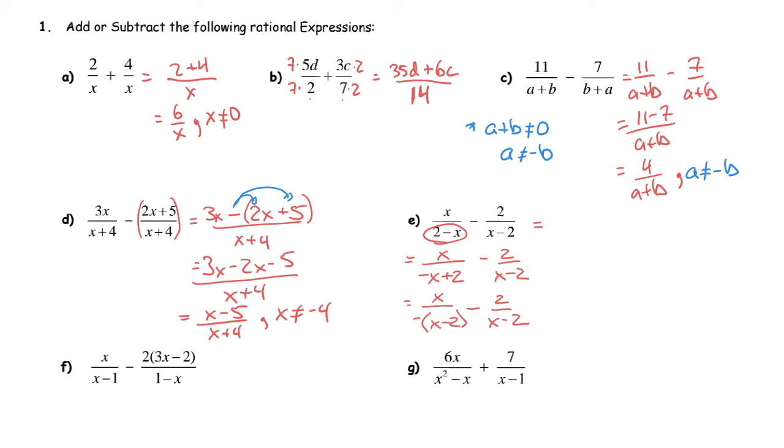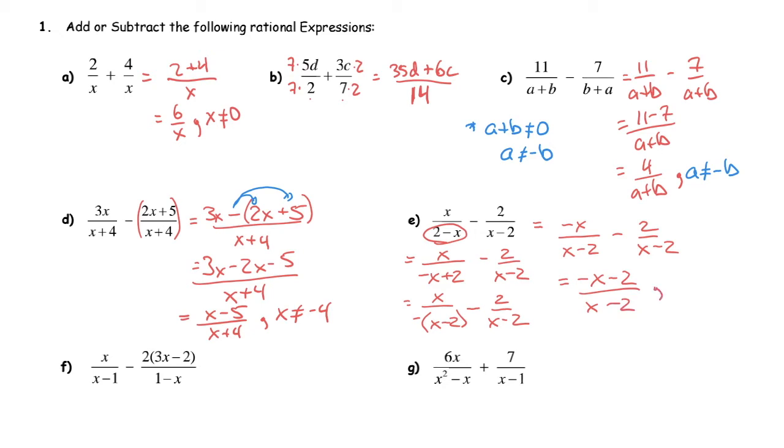And now I have the freedom to be able to move that negative up to the numerator. So that expression is equivalent to this. And now I'm thrilled with that. The denominators are the same, so I'm just going to make that negative x minus 2 over x minus 2.